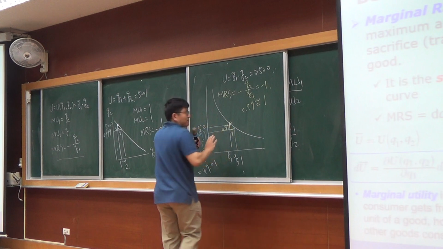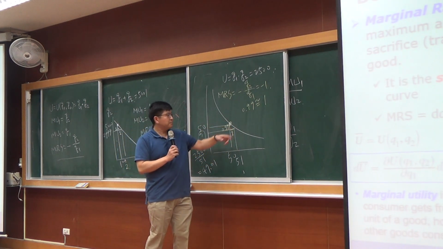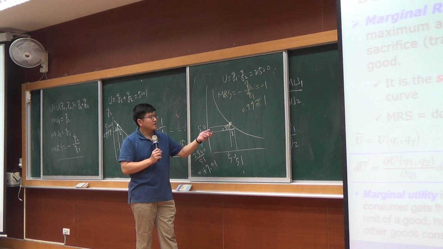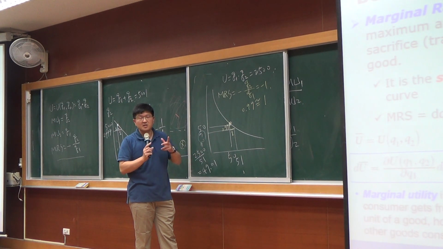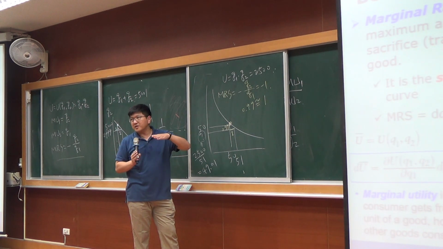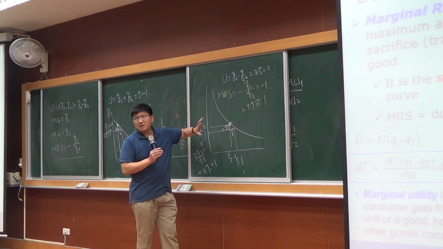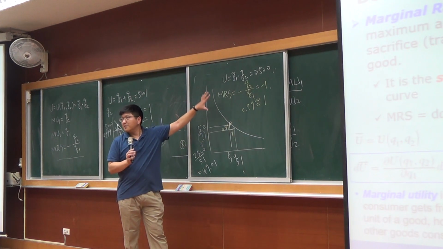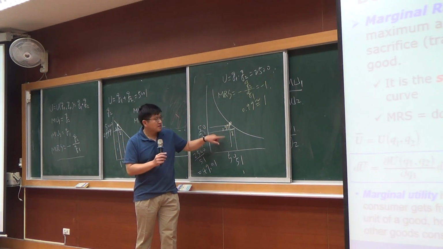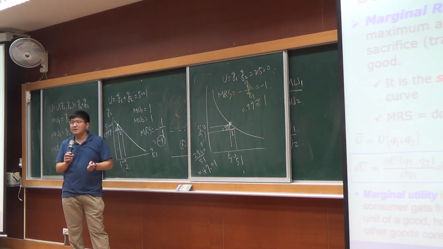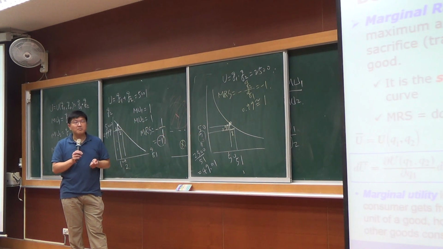But the result of the difference will deviate from the result of differentiation more on the two ends of the curve, but would be quite close in the middle part. Okay?